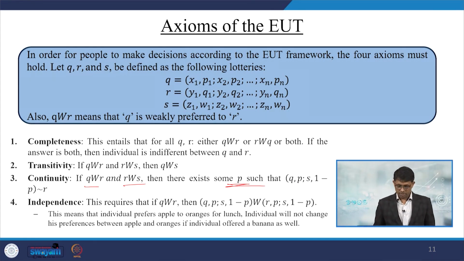And another one, independence, is important. This requires that if Q is weakly preferred to R, then Q with its probability P, mixed with S and its other side, 1 minus P, should be weakly preferred to R with its respective P, and so on. This means that if an individual prefers apples to oranges for lunch, the individual will not change his preferences between apples and oranges if offered a banana as well.